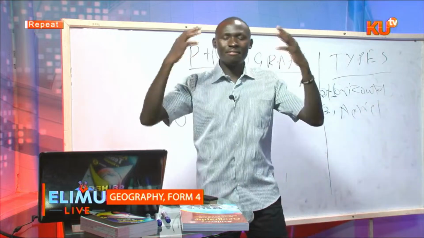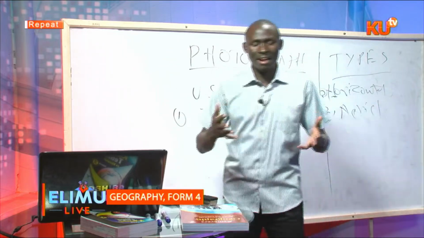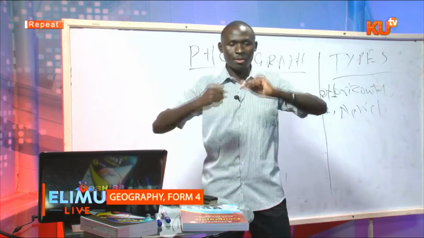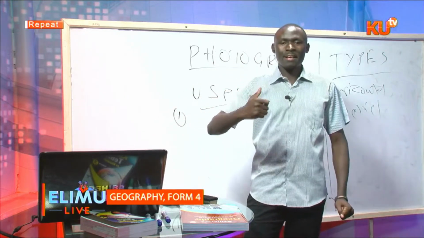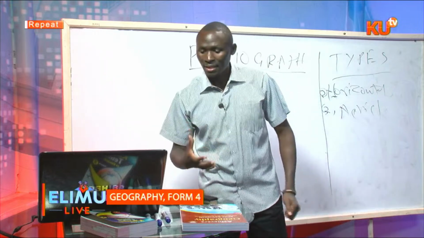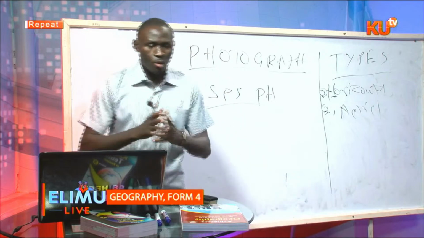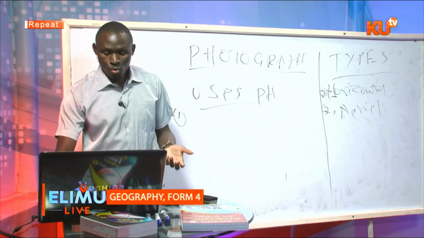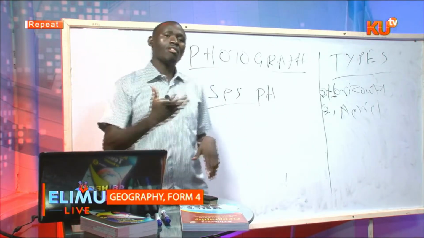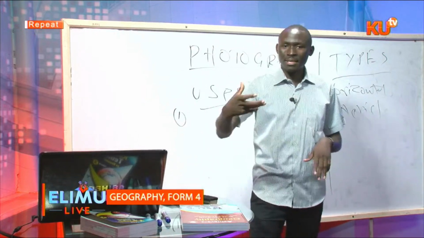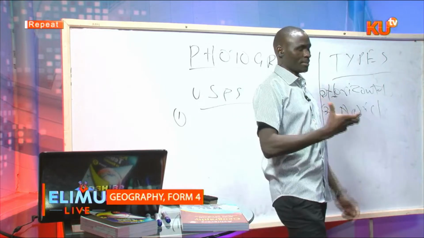Photographs have a very important role that they play in terms of interpretation. So when you want to interpret photographs, the following must be involved. When interpreting the photographs, you want to explain the meaning and the uses of the objects that have been captured.